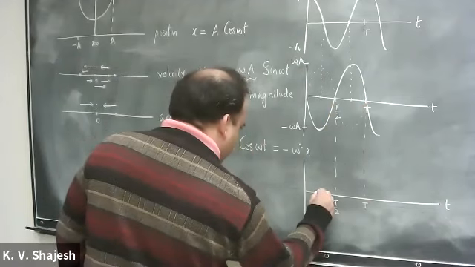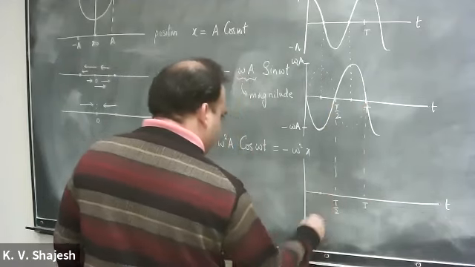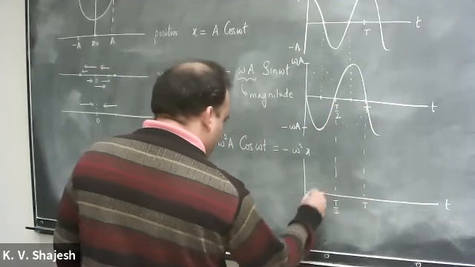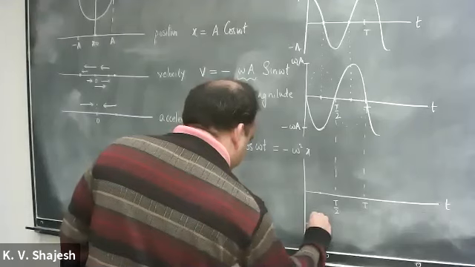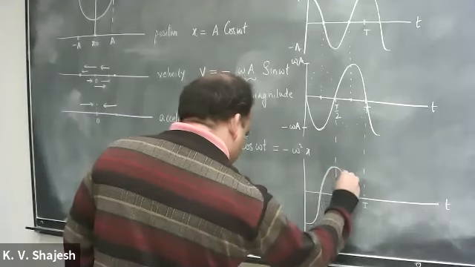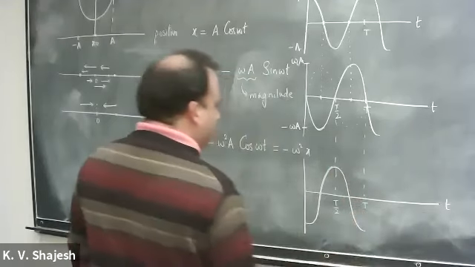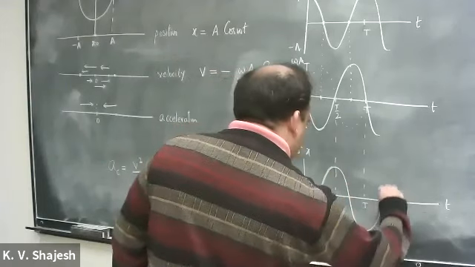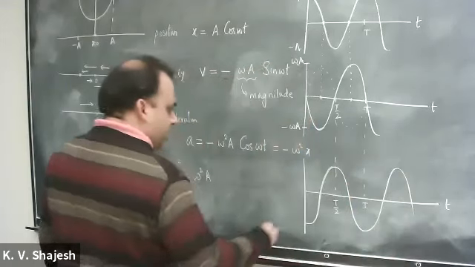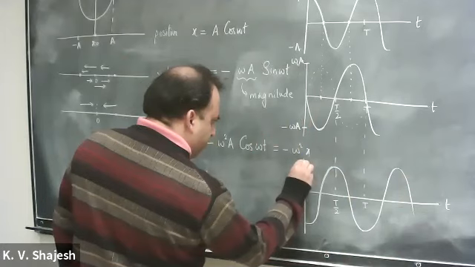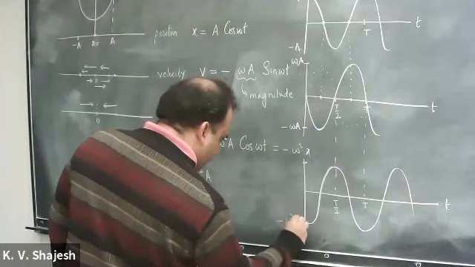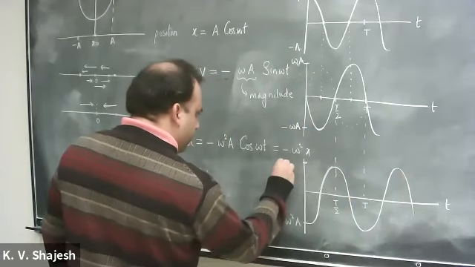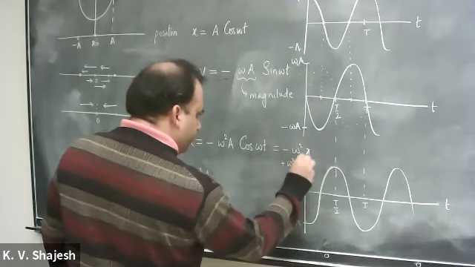So cosine goes to 0, and then a maximum at pi by 2. So this will go like this, and then comes back down there and repeats. What's the maximum value of acceleration? It starts from minus omega square a, and this is plus omega square a.